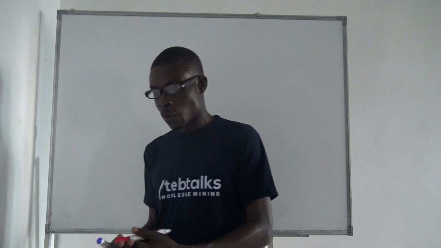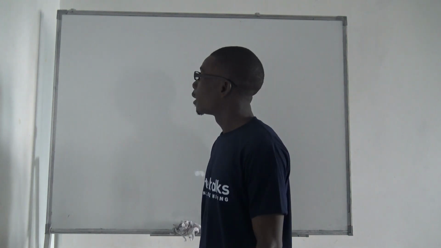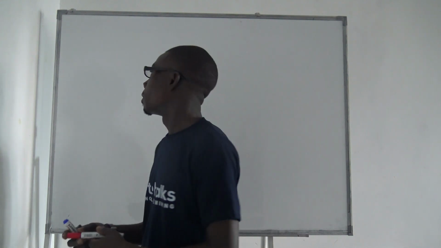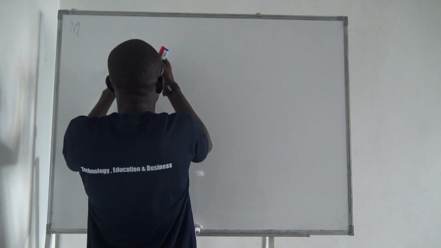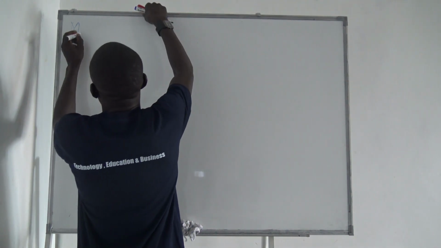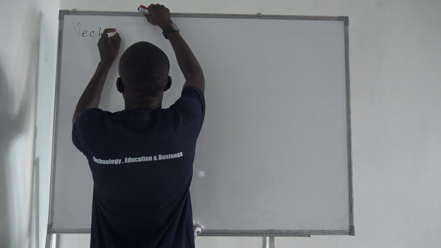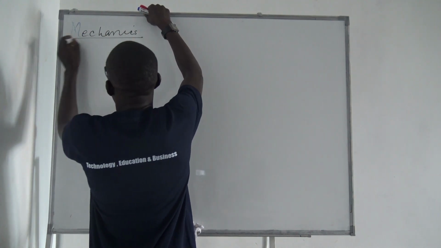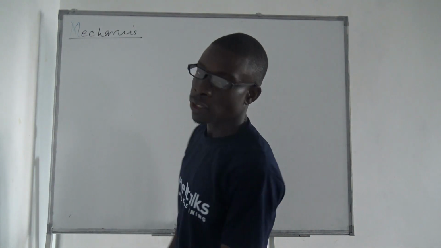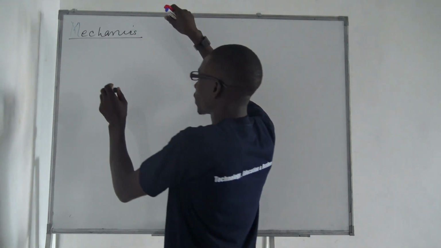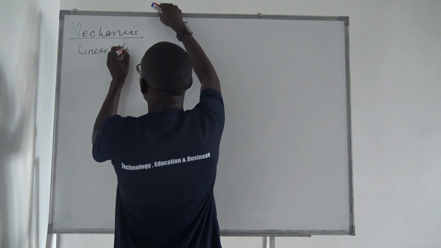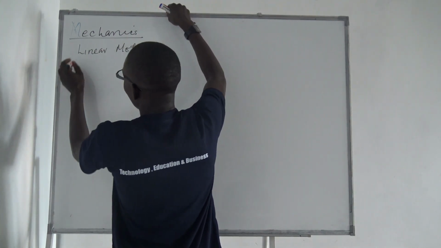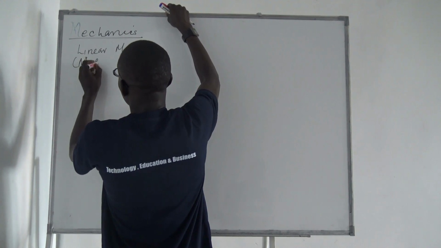Today, we are going to look at our mathematics paper 2. That is the mechanics part. We had started with our first unit, and that was linear motion, the one we call motion in a straight line.